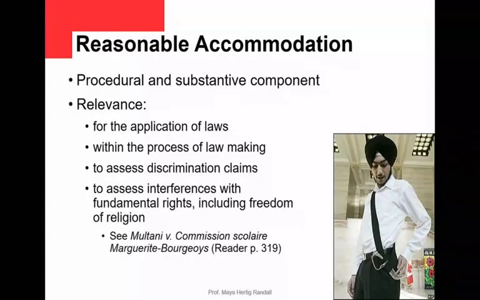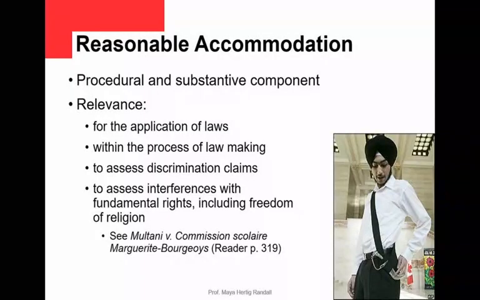Most cases for reasonable accommodation are brought as a discrimination violation. So if the employee finds I have not been accommodated properly, generally the ground will be to say it's discrimination. Now you may have noticed that the Multani case is not a discrimination case.